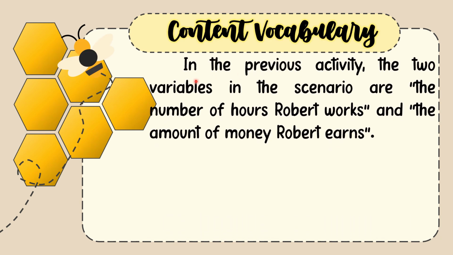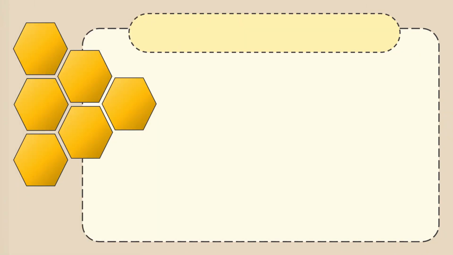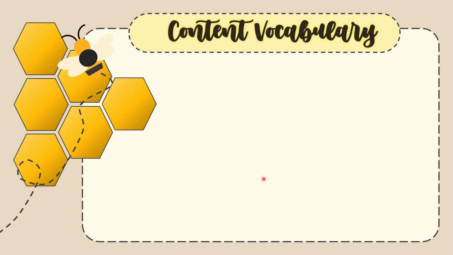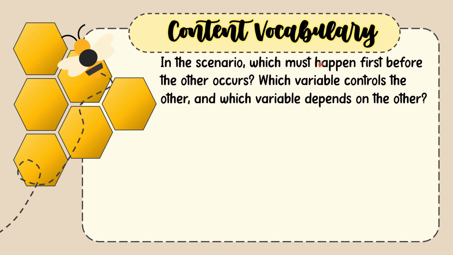In the previous activity, the two variables in a scenario are the number of hours Robert works and the amount of money Robert earns. How do we know which variable is independent and which variable is dependent? In this scenario, which must happen first before the other occurs?